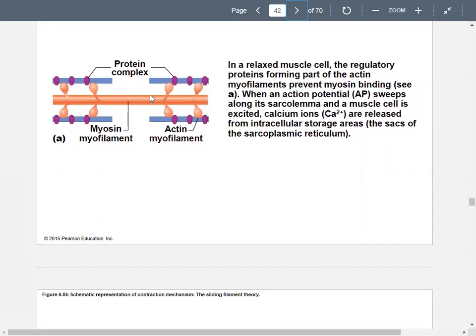So again, when actin is in a relaxed state, the sites on actin that bind to myosin are basically blocked. When you get calcium ions there, those sites get opened up, and now actin and myosin can bind together and move the actin towards the center of the sarcomere.